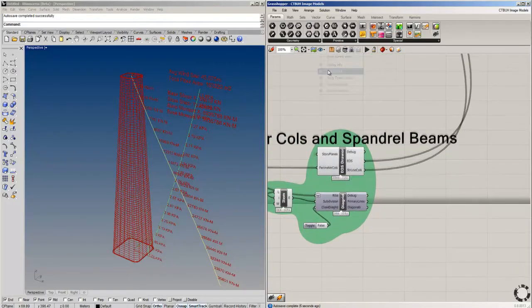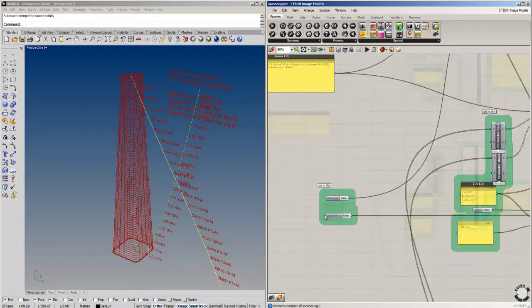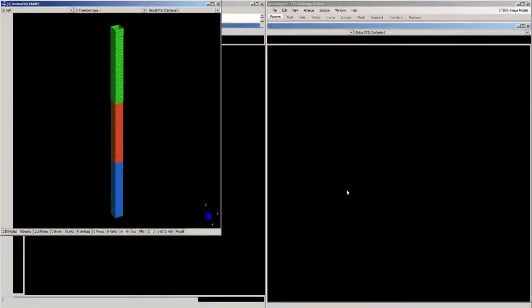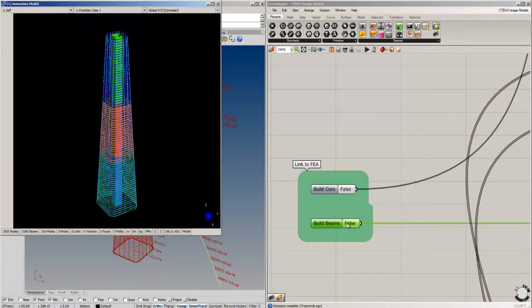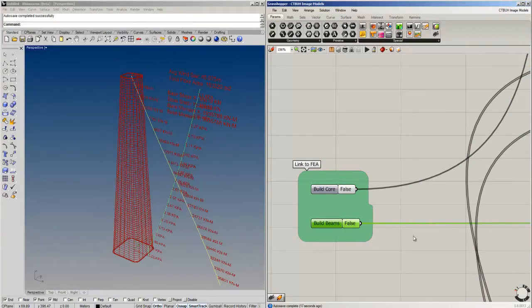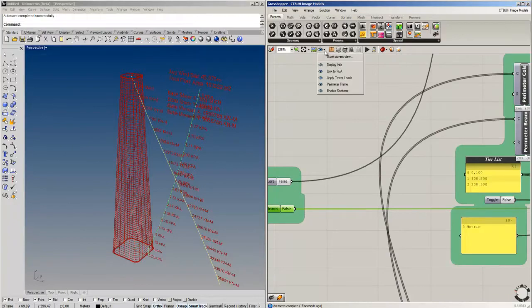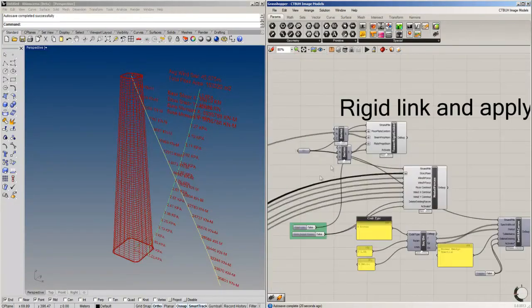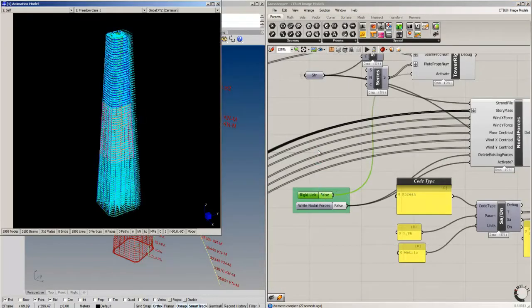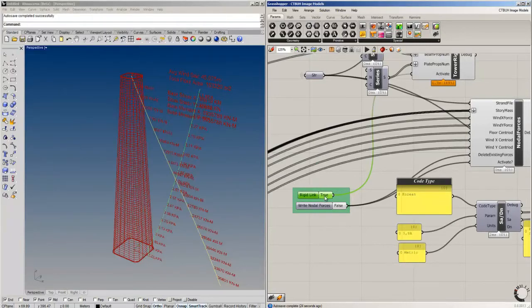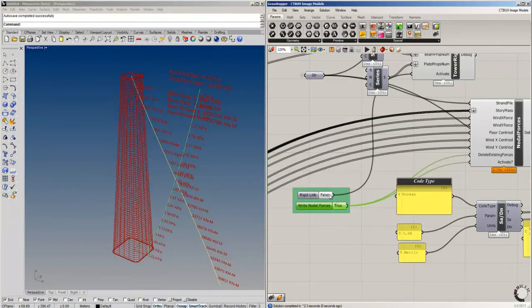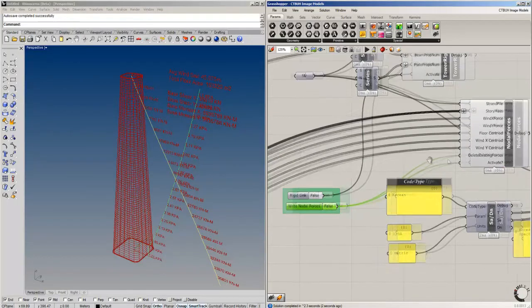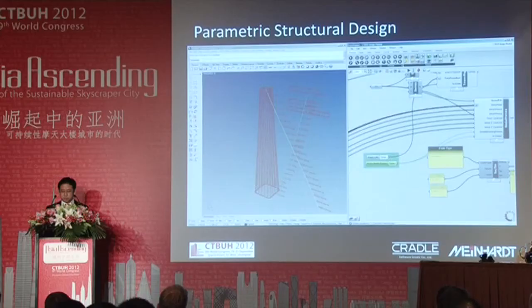Once we're done with that, we can immediately drive all of that to FEA. So we have a very tight link between the architectural geometry and the structural solutions. We can explore it from a massing standpoint, on a gross basis, and also in depth. Now this is all real time, so you can imagine that with the accelerating design cycles, we're able to execute analysis a lot faster than we're used to.